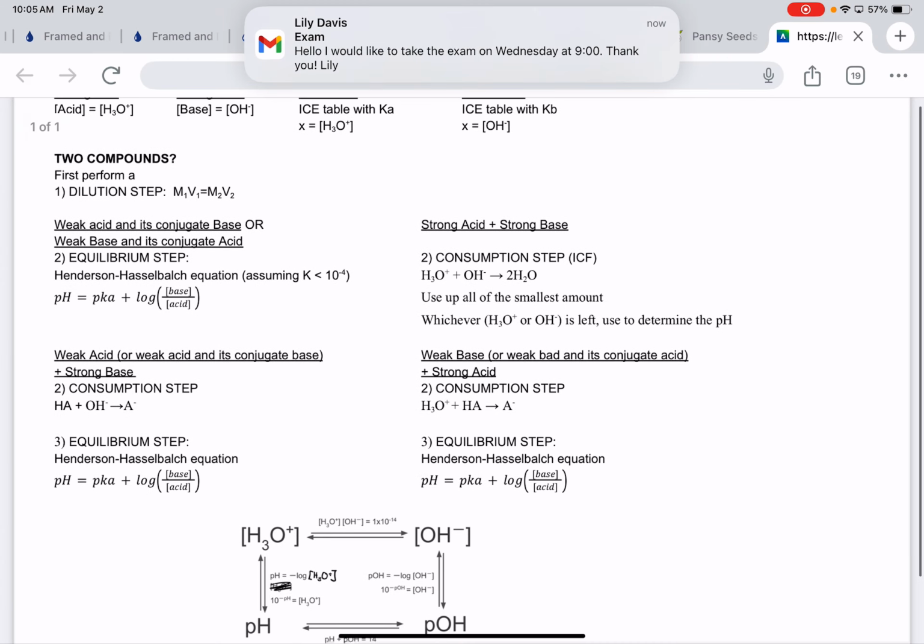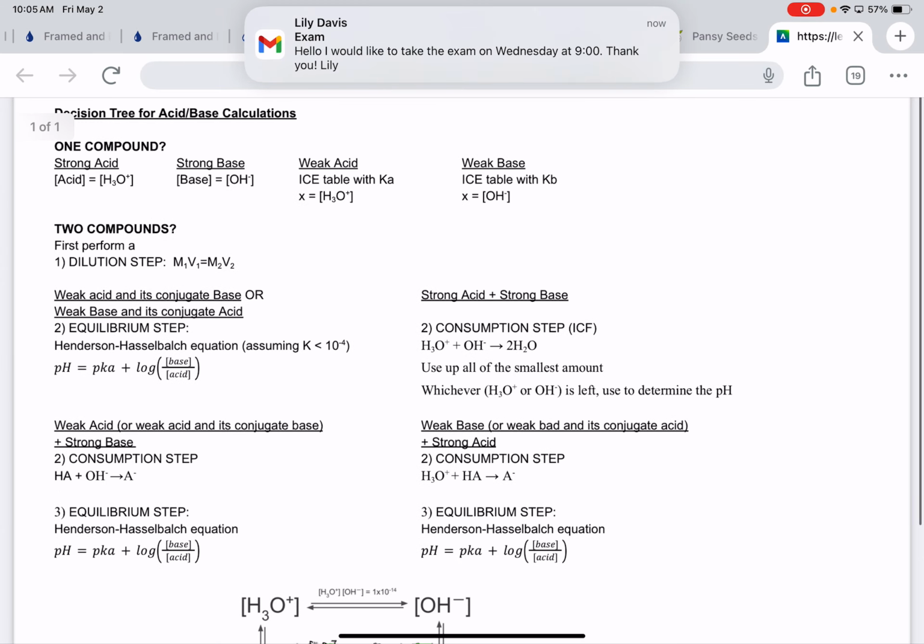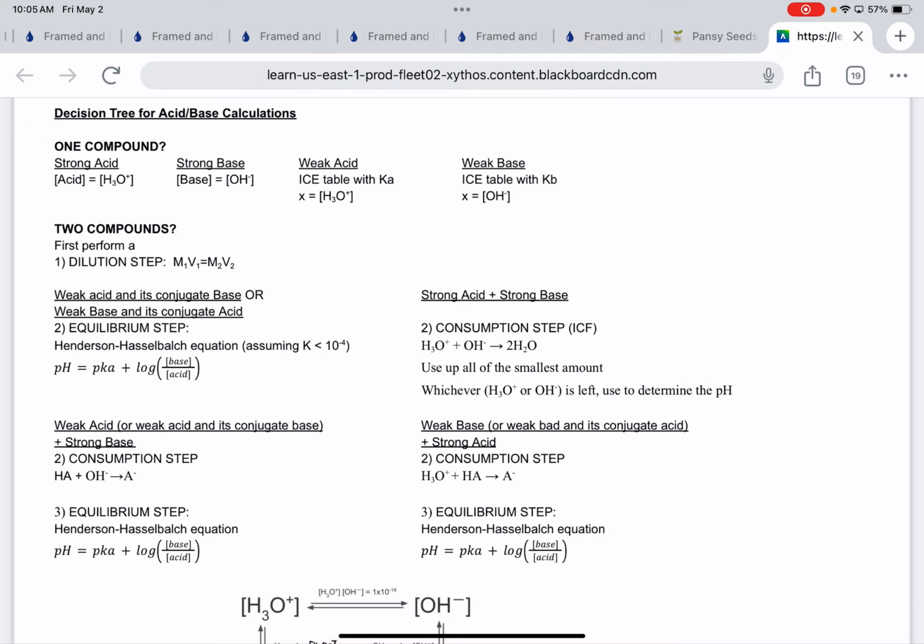If it is two compounds, two chemicals, that would be like you have a buffer, right? That's the first example here. You have a buffer, so you have a weak acid and its conjugate base. That's basically like saying the same thing as a weak base and its conjugate acid. They literally are the exact same. But if it's a buffer, then you have a certain approach.